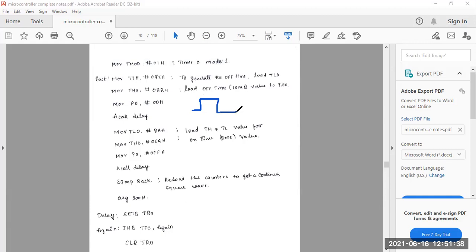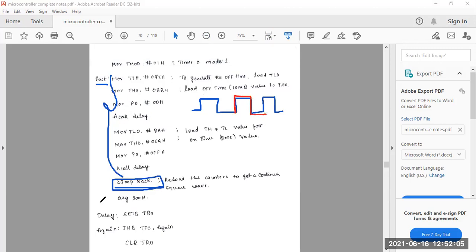If you want to continue this square wave, we should keep on executing this delay program. That's why I have written the jump back here, and then it will go back and again execute the same program, so we can generate the next part of the square wave.